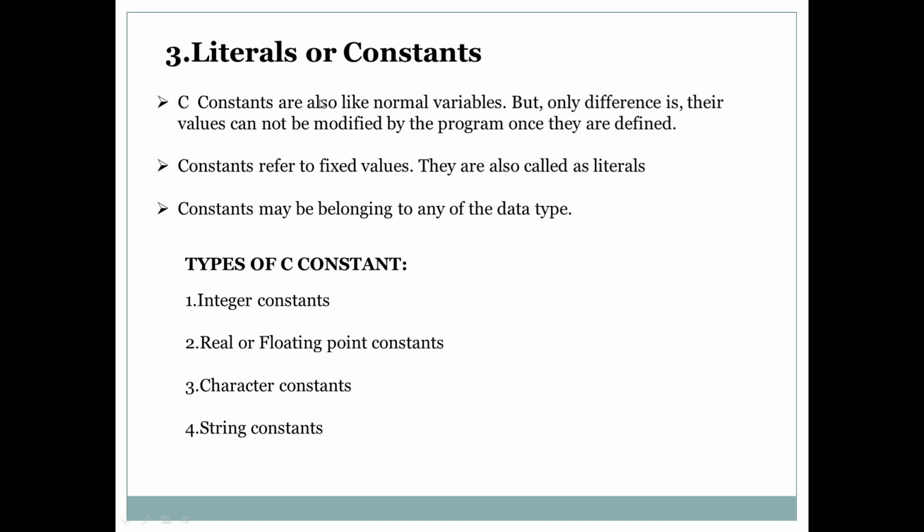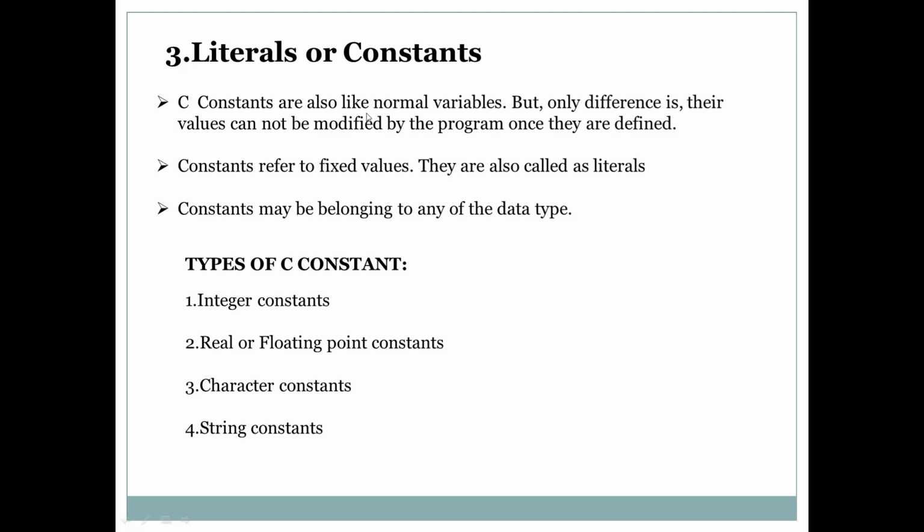The third token is literals or constants. C constants are also like normal variables, but the only difference is that their values cannot be modified by the program once they are defined. Constants refer to fixed values. They are also called literals. A constant may belong to any of the data types.